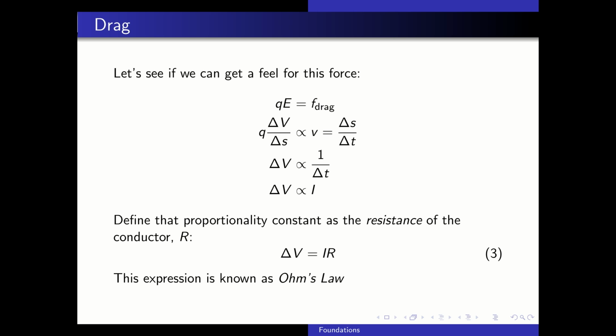So if I try to get a feel for what this drag force would have to look like in order to give me a constant velocity, I'm going to substitute my delta V over delta S expression in there. And I'm going to note that a drag force is typically dependent on velocity. So velocity is change in position over change in time.